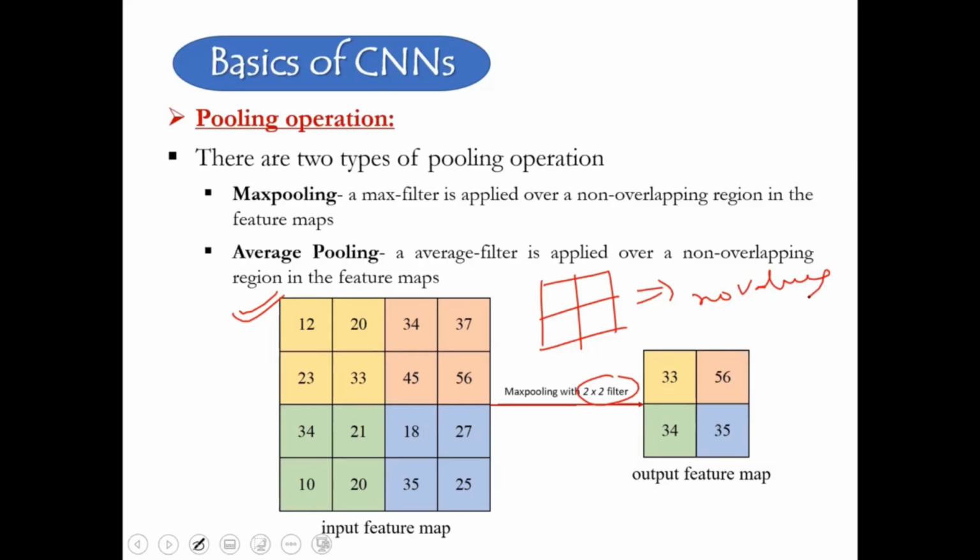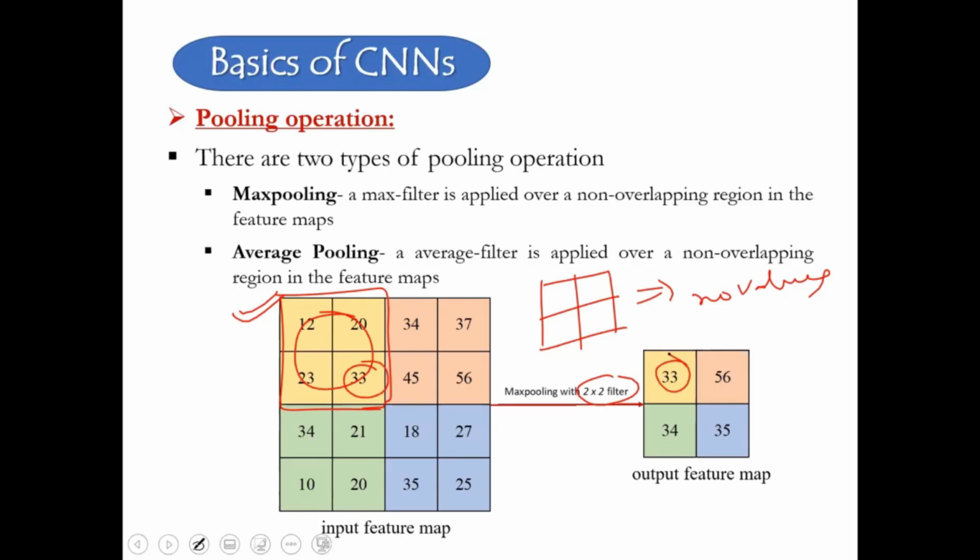They are just to define the size of the operation. So we apply a 2x2 kernel in this position, and we extract the maximum of these 4 values. The maximum is 32, so the output becomes 32.